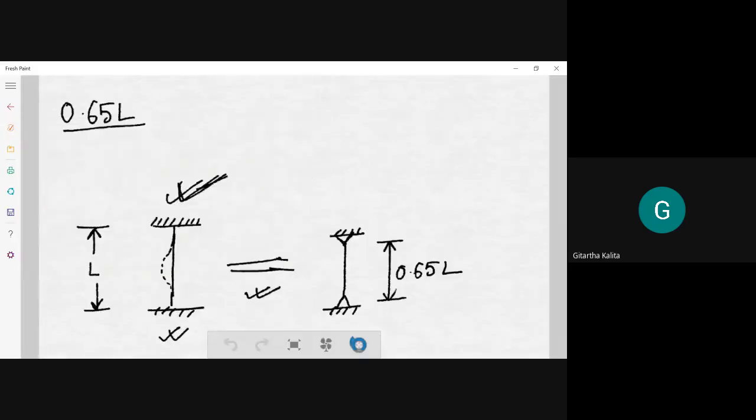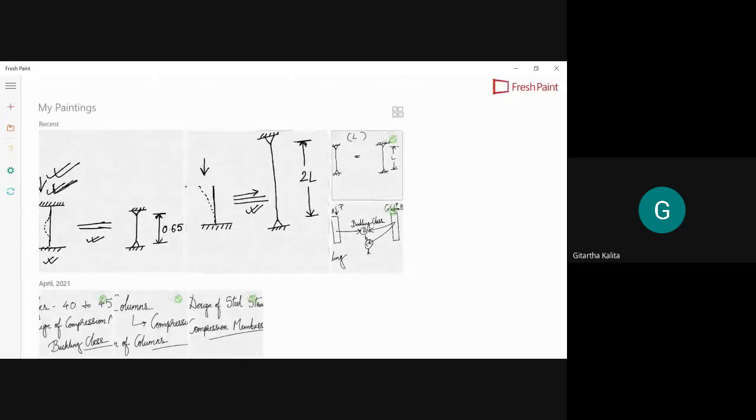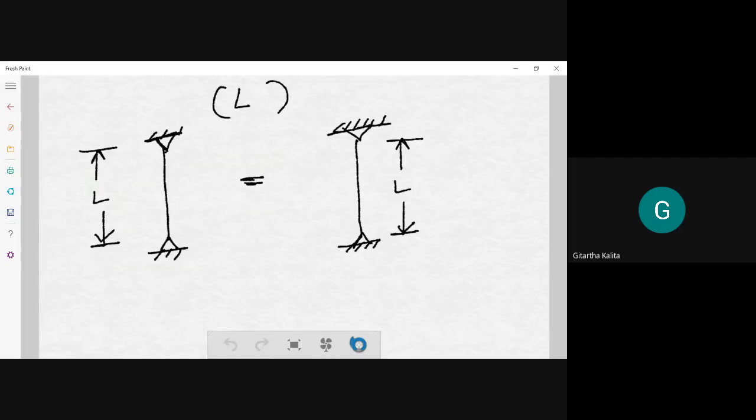If this column on the left, you have to make it both ends hinged, then you have to reduce it to 0.65 L, then you get strength as same. And here the column is both ends hinged, so already both ends hinged, so no need to do any modification.